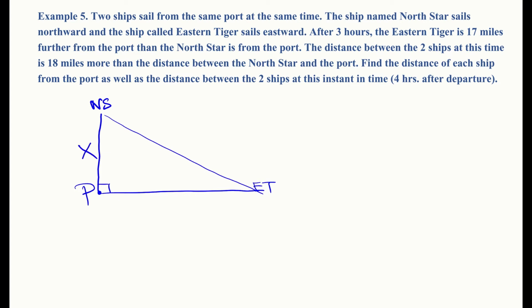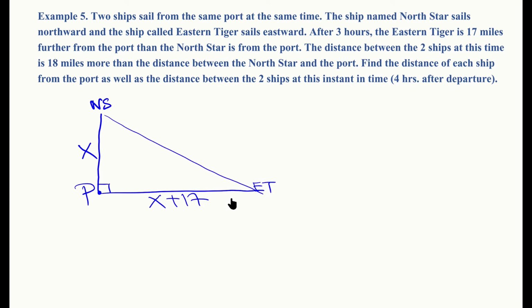so if we call this side here x, we know that this side here is going to be x plus 17, because we know that after 3 hours, however much distance the North Star had gone, the Eastern Tiger had gone 17 miles more than that.